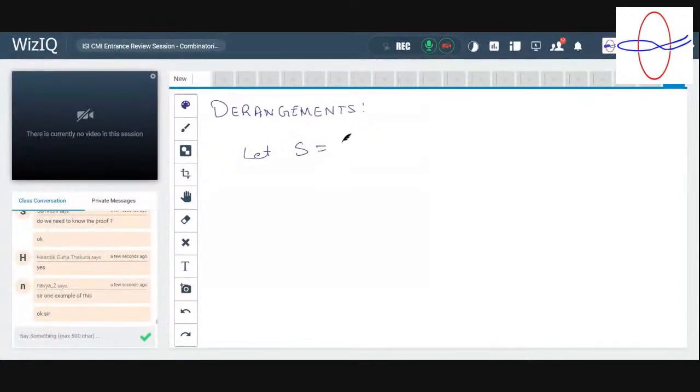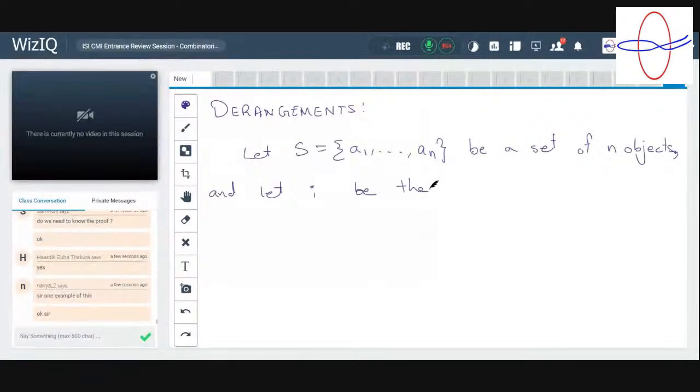Let S be A1 to AN, a set of N objects, and let I be the correct position of AI in a given permutation.